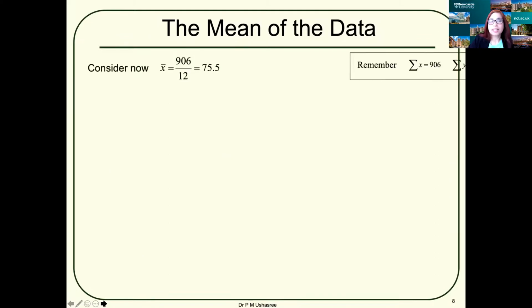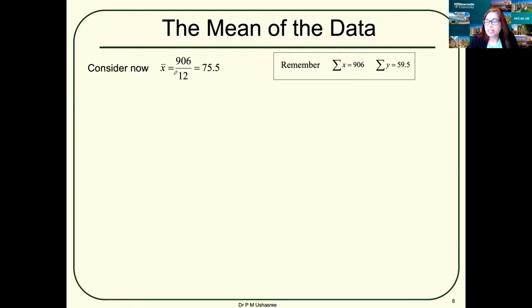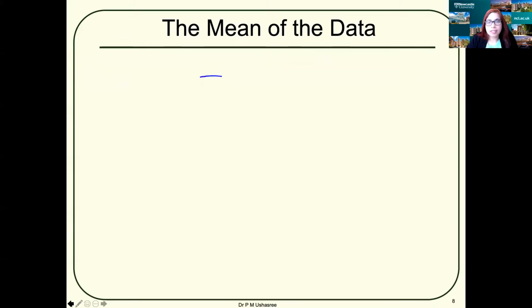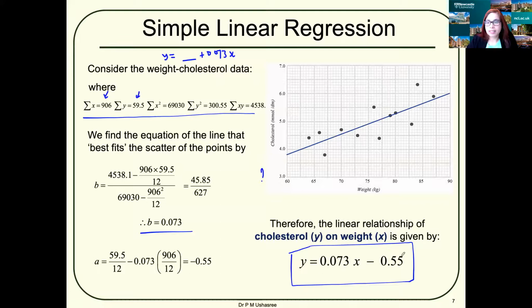Okay. So another important point is, now consider the mean of the weight of the adults. Taking the same data values, you get 75.5. Look at that. So remember this equation, that is the equation for a line of best fit or the regression line.